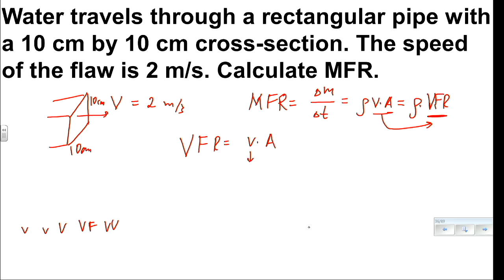That's speed. So 2 times area, 0.1 times 0.1. So 0.02. That should be meters cubed per second.